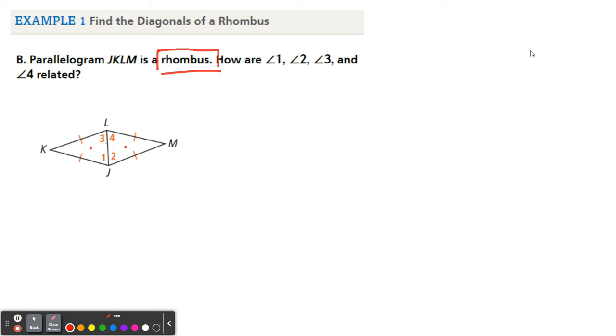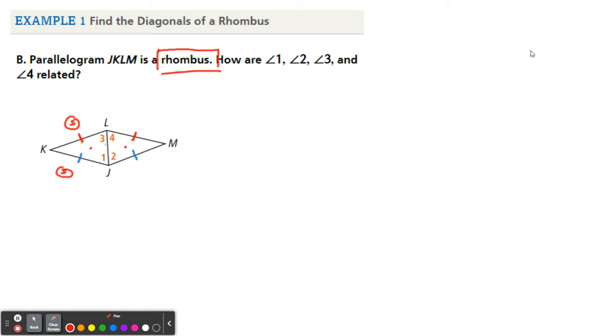We have all 4 sides of the rhombus congruent because it's a rhombus. So let's link 2 of them together. Let's link LK with LM, and then let's link JK with JM, right? So we have a side pair here and a side pair here.